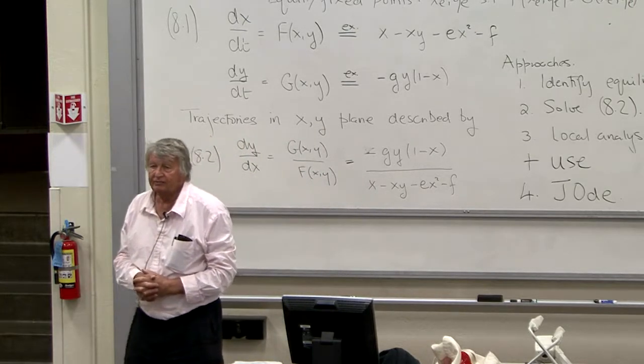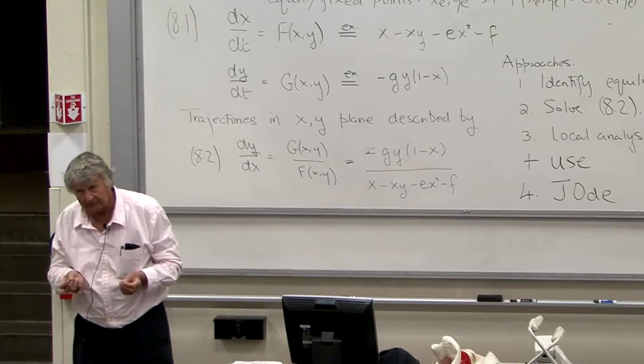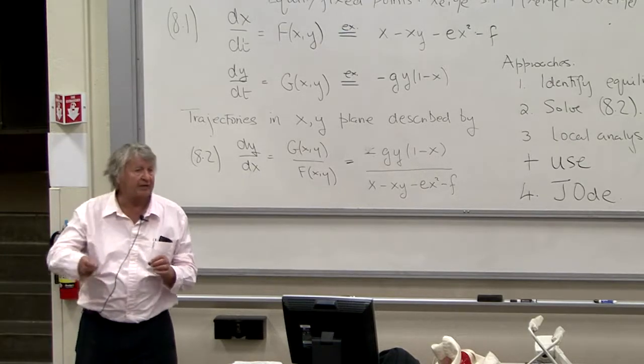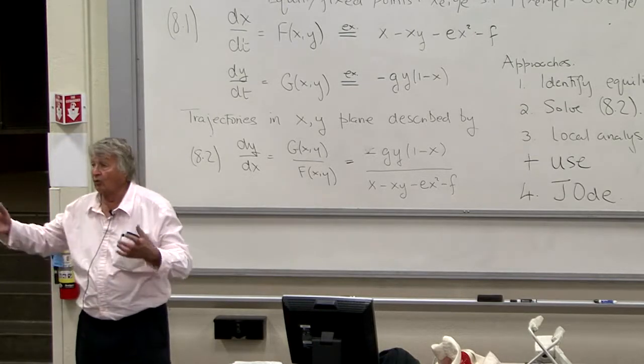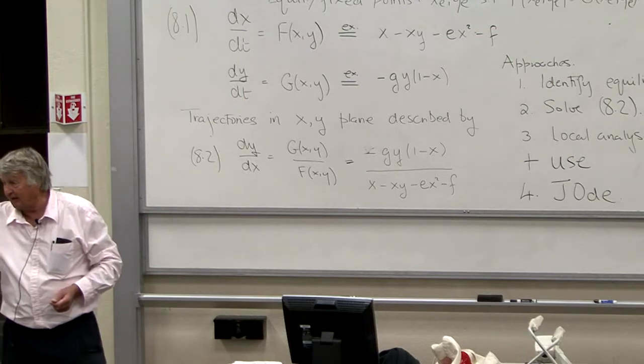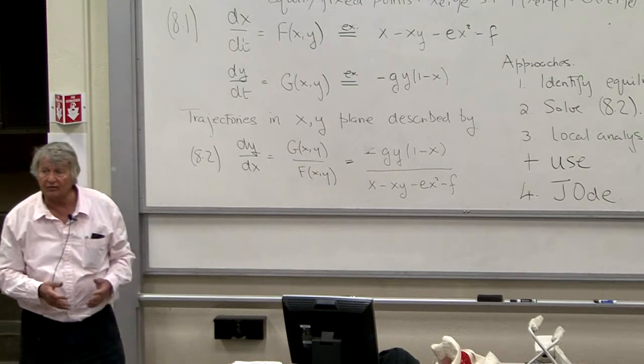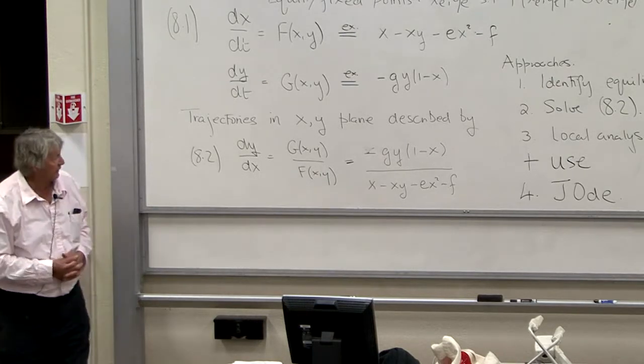But knowing the fixed points or equilibrium points is only a little bit of the story. You really want to know what's going to happen in the whole xy plane. If you start with this many rabbits and this many foxes, what's going to happen? What's the outcome? These are the questions you would like to answer.